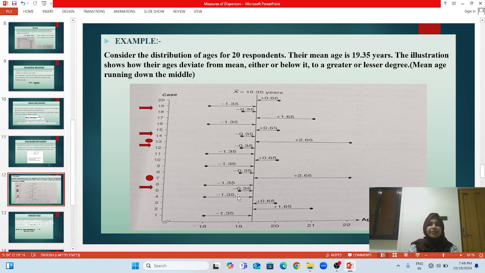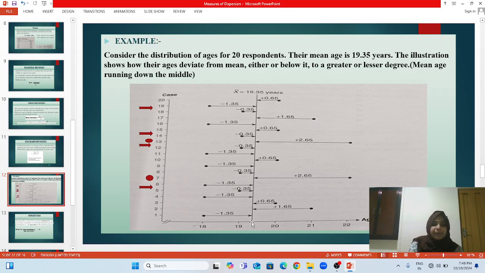So we have to calculate the mean value, that is 19.35. 19.35 is the mean age of this group, and we are fixing it by drawing a vertical line at this point.